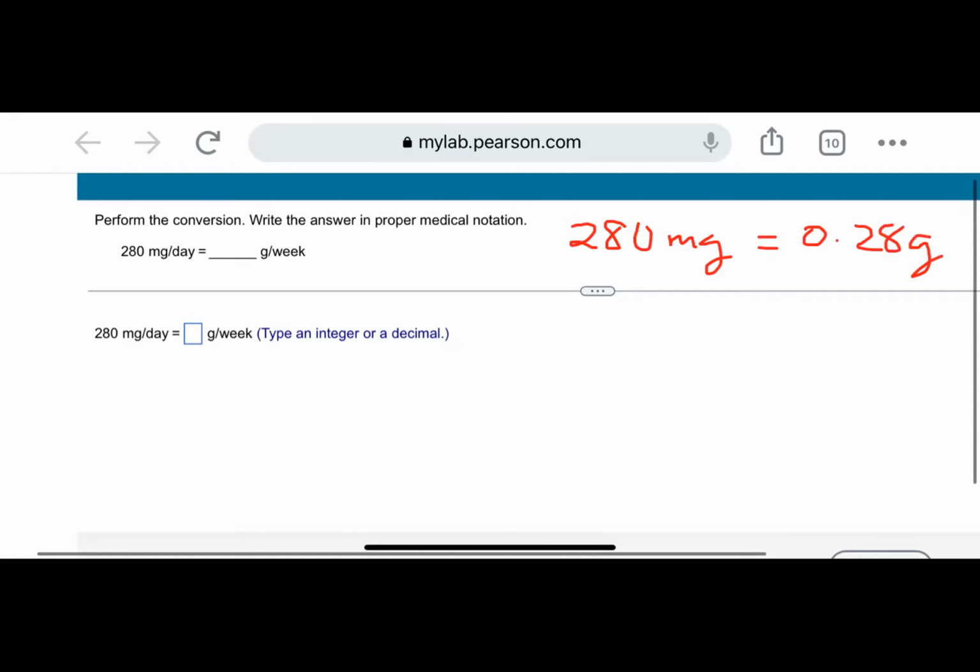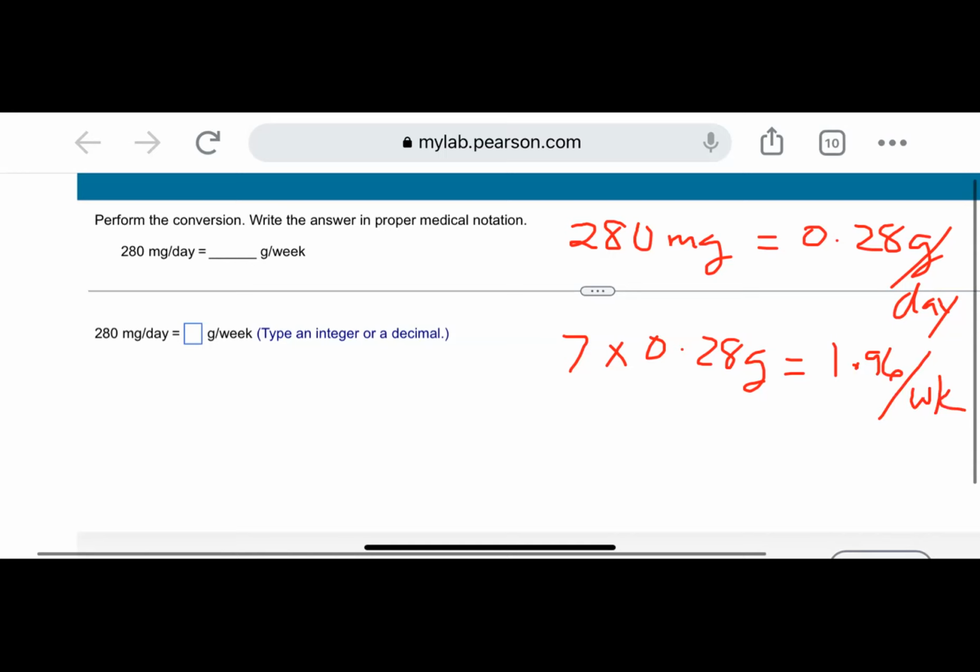And this is per what? Day, right? You could also do that. So in a week, you have 7 days times 0.28 g, which is 1.96 g per week, or per 7 days.